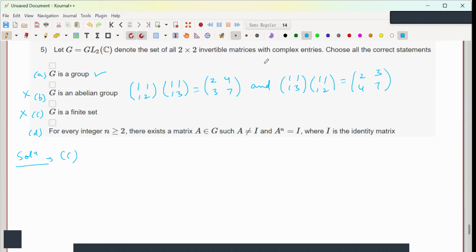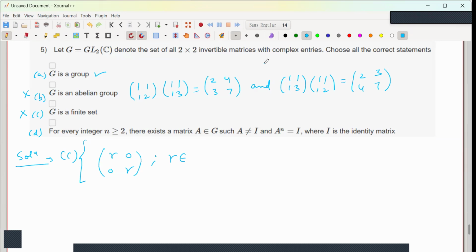That means just r 0 0 r, such that r belongs to real numbers.